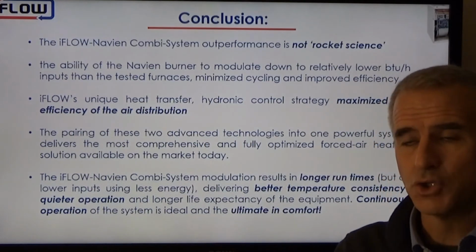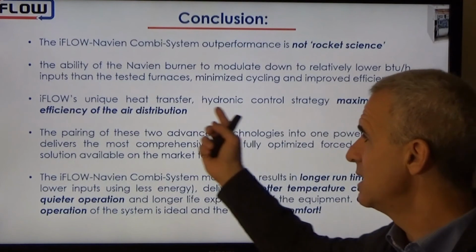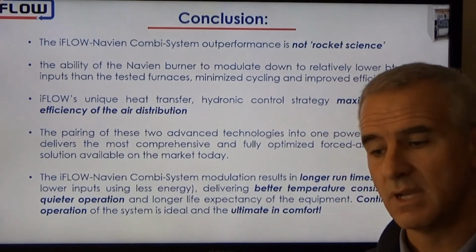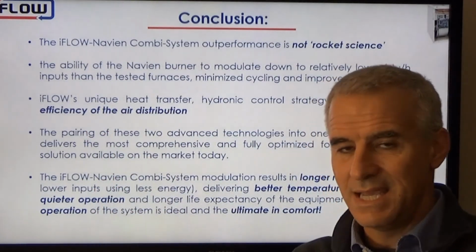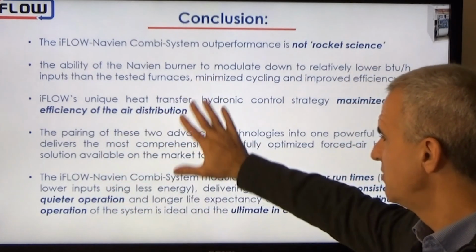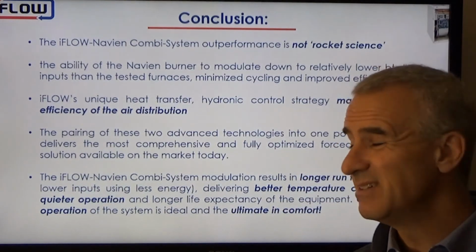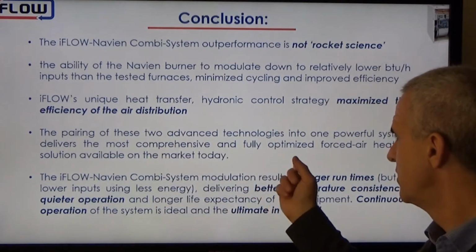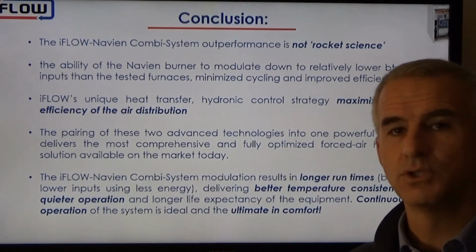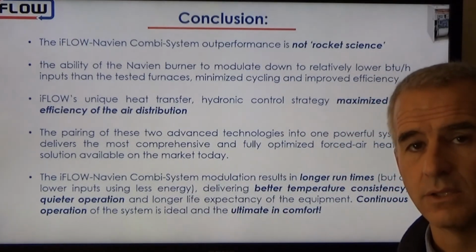Our hydronic control strategy inside the iFLOW maximizes the efficiency of the air distribution. So the Navion creates the heat, and we take the heat and deliver it into the home most efficiently. Pairing these two advanced technologies into one powerful system delivers the most comprehensive and fully optimized forced air solution available in the market today. And that's what the two studies showed.